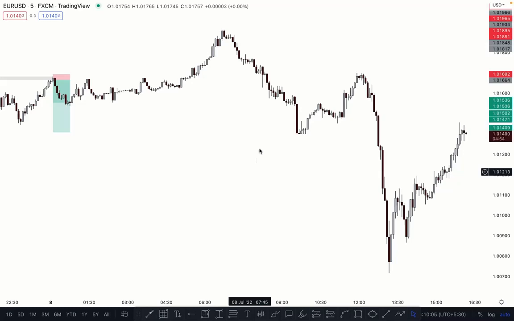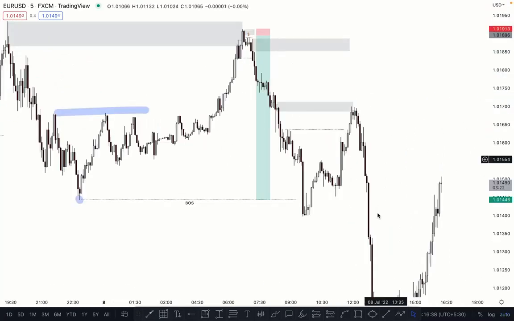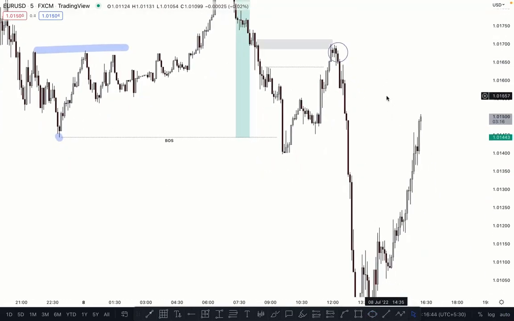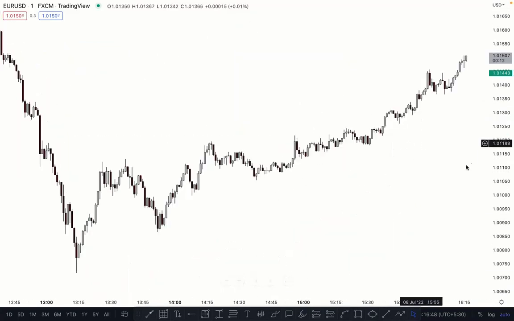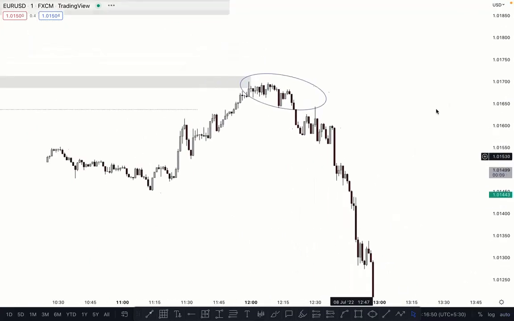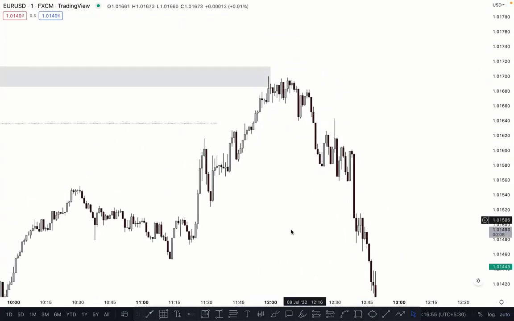Okay, so let me show you exactly what happened here on a live chart. As you can see, the market tapped here, and now you can switch into the lower time frame to see where your entry is. Now switch into the 1-minute time frame to see where we can sell here. Okay, so now you can see everyone does the same thing here. This is our CHoCH.